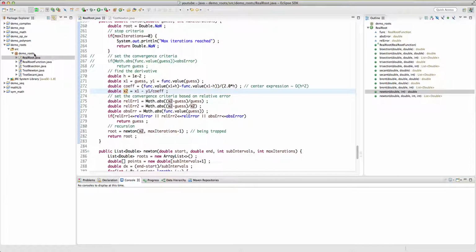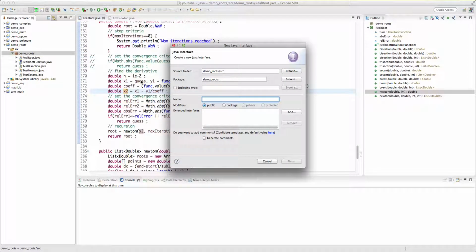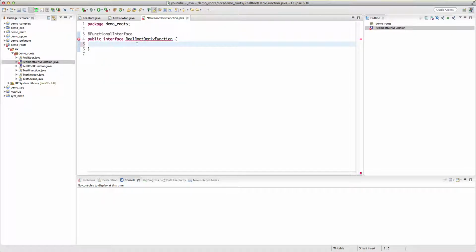So let's head to Eclipse. I'm going to create a new interface and call it RealRootDerivFunction. And just like before, I'm going to annotate it with @FunctionalInterface for the compiler to double check that it's a functional interface. And I'm going to have a method double[] values at some point x.